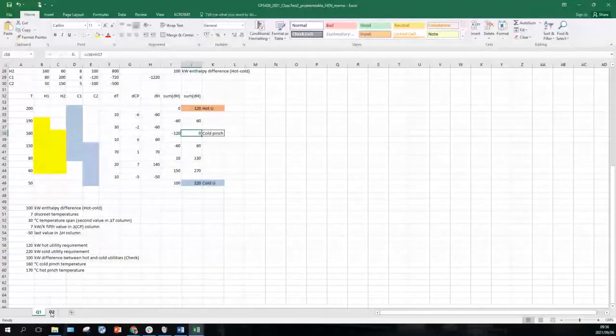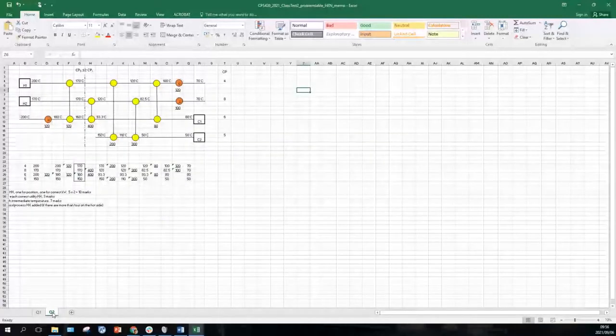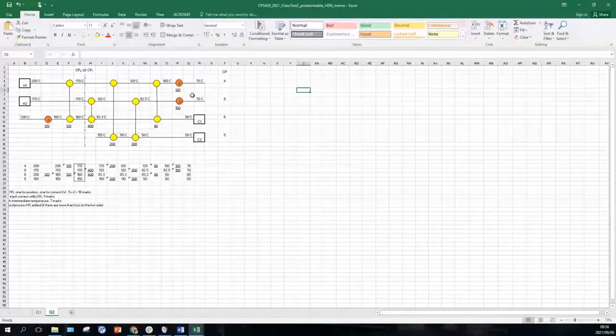Right, those are the MER values. So we can write out our H1, H2, and now this is back to the original temperatures, of course. It's not the temperatures minus 10 degrees C for designing your heat exchange network.